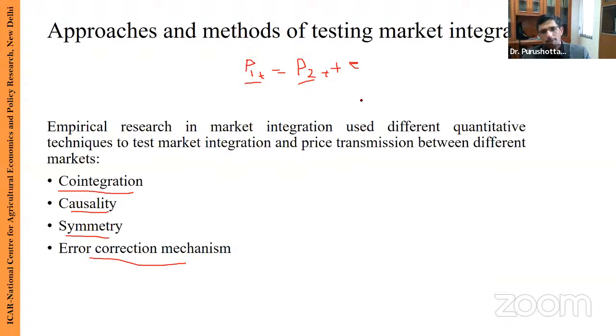So the law of one price, or LOP, which we are going to test, says that at all points of time, if the transfer cost is allowed, the prices in these two markets move, or the commodity moves from market A to market B through the arbitrage function, or arbitrage takes care of that.